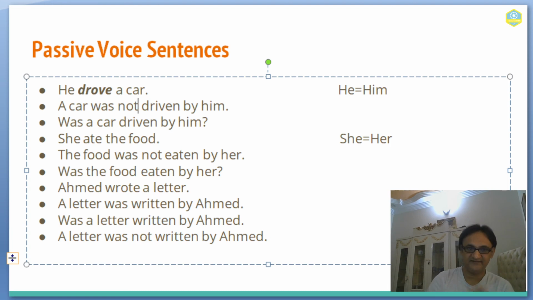Again, it's a request to parents, teachers, and learners. If you want to build stronger language skills in your child, please let your child speak, no matter whether he or she is speaking grammatically or without grammar.